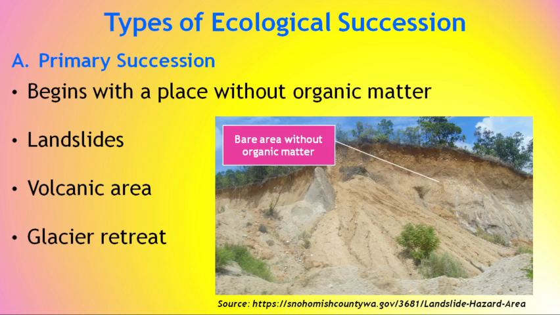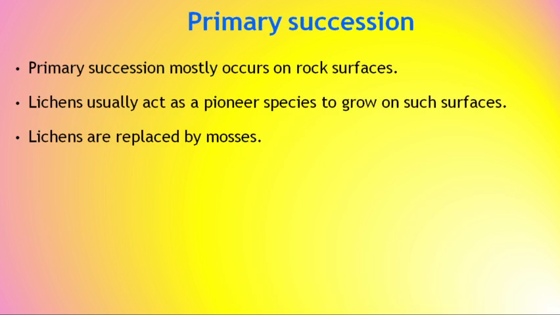So primary succession is succession which starts without any organic matter, and normally such succession starts on rock surfaces. Soil will be absent in such types of succession. So primary successions mostly occur on rock surfaces.